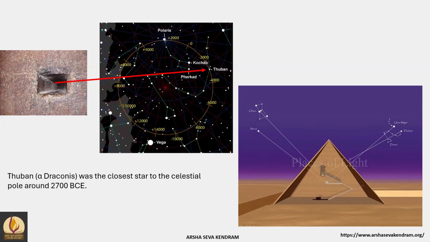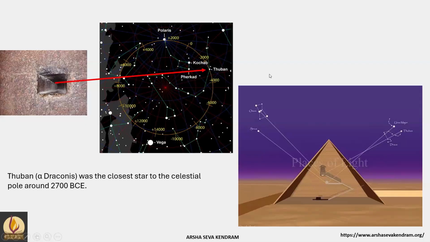So this is the southern shaft. Towards the left it points to stars such as the Orion belt, which incidentally last week we saw a beautiful image that Ajay ji had presented. I think we also have Sirius, one of the brightest stars. However, on the northern side, it points to this star called Thuban.